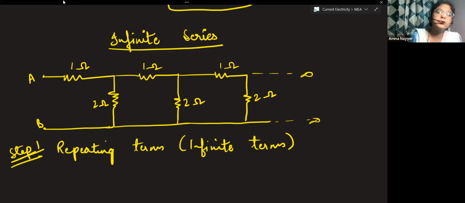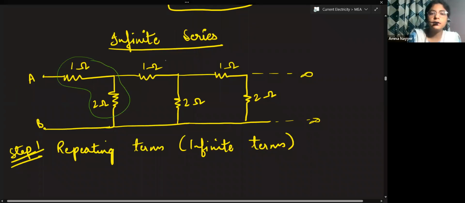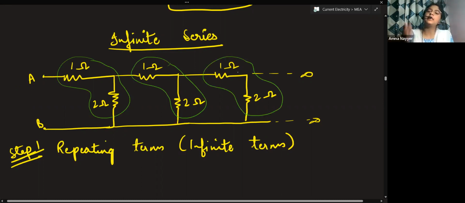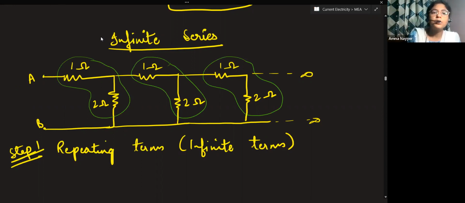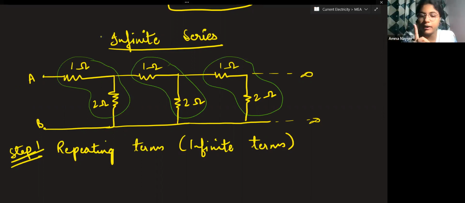In this, if you see, this is again getting repeated. This is again getting repeated. It means till infinity, this is connected in this manner. So the first step was to identify it.